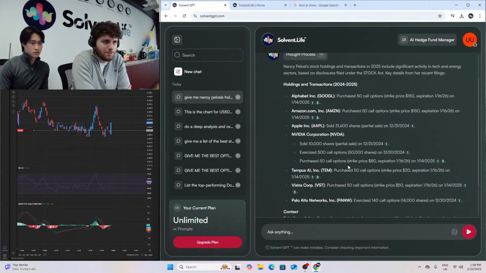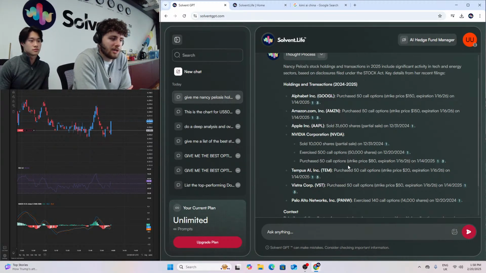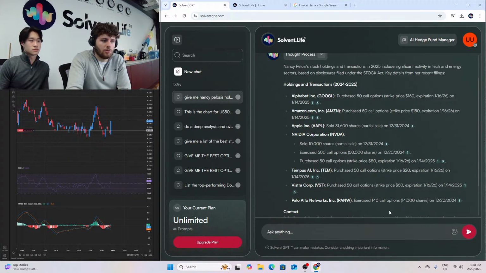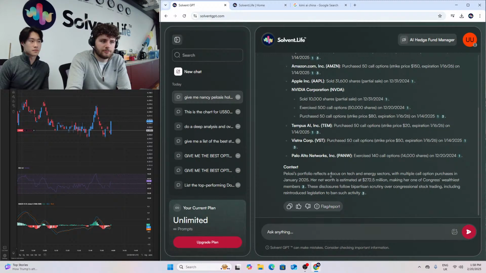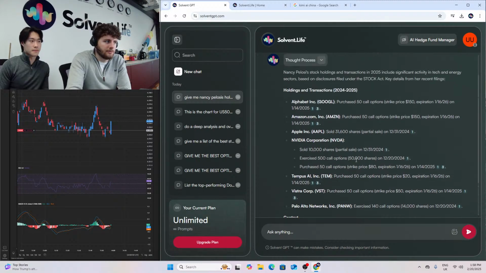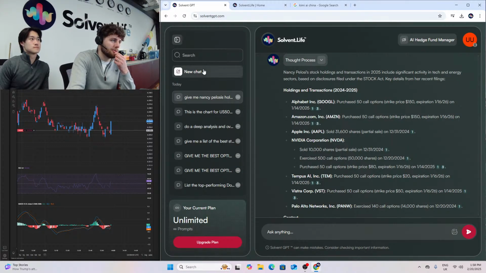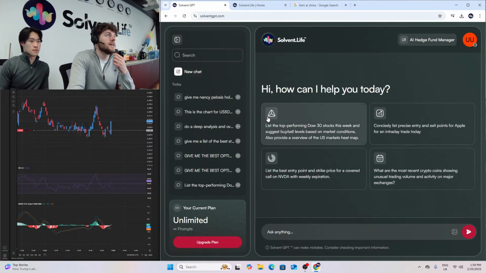Of course, these will all be filed under her husband's name. But something she's also holding is Palo Alto Networks. She exercised 140 call options. Very interesting. Still holding that Tempest AI, and she will continue to hold those options for almost a year. So, very interesting.